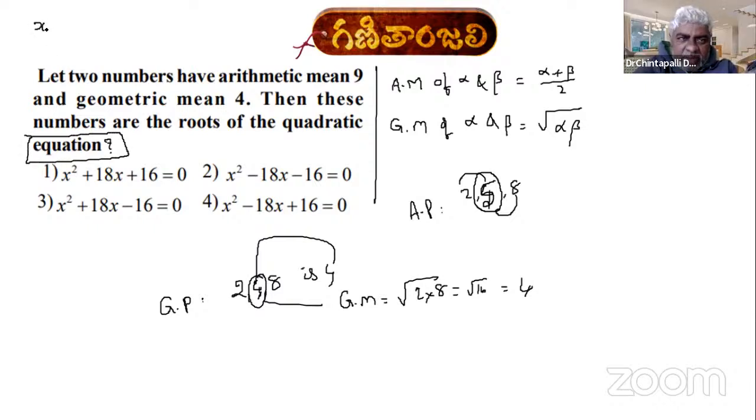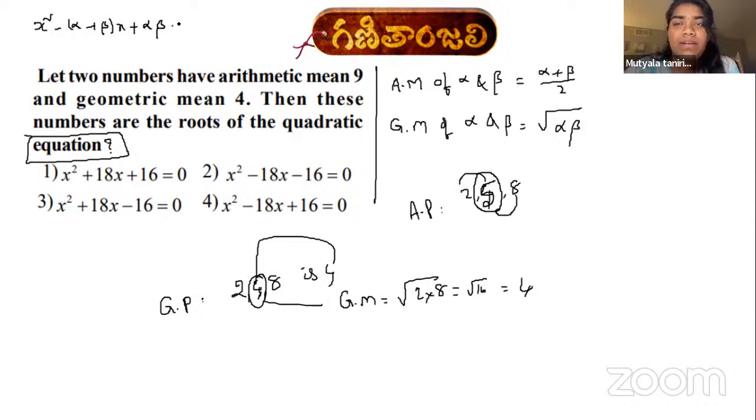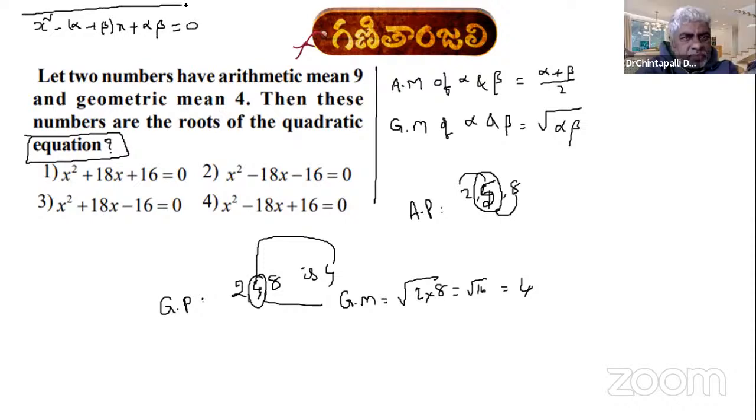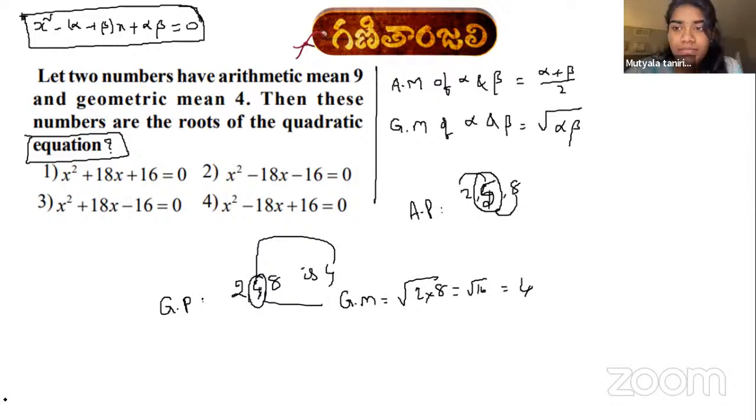That is x square minus alpha plus beta times x plus alpha beta is equal to 0. This is the formula to find the equation. If the roots are given, we can find its equation. Got it? Yes.